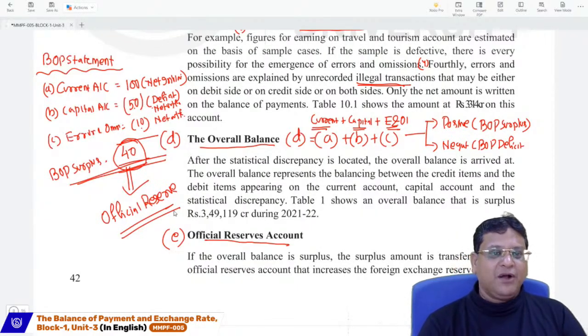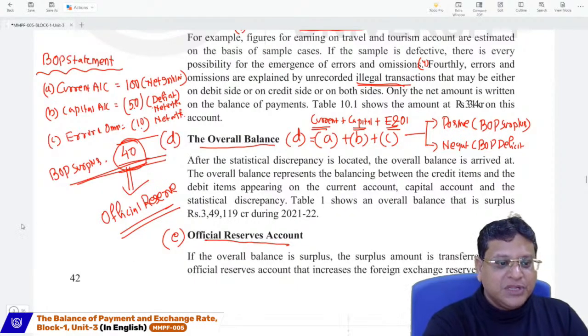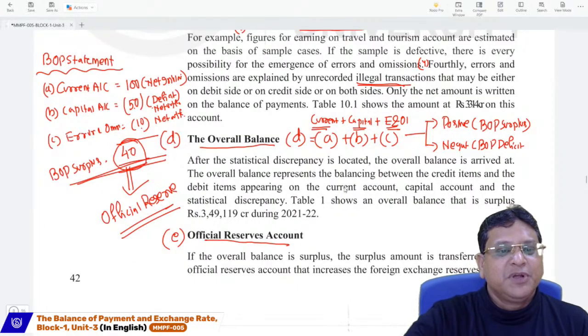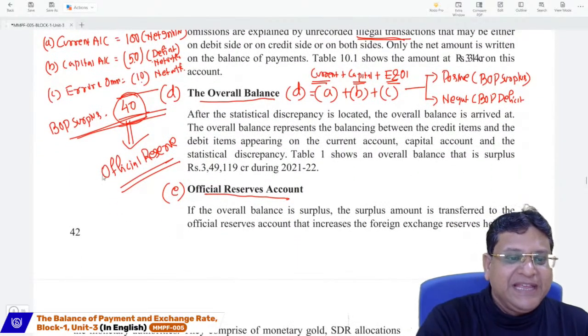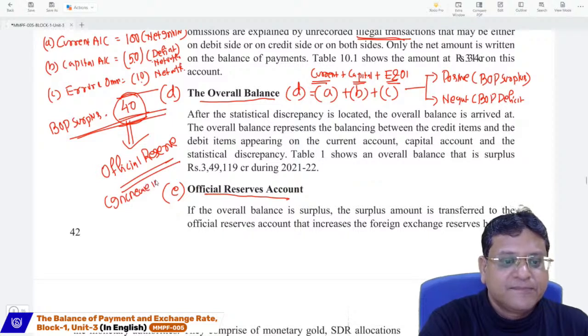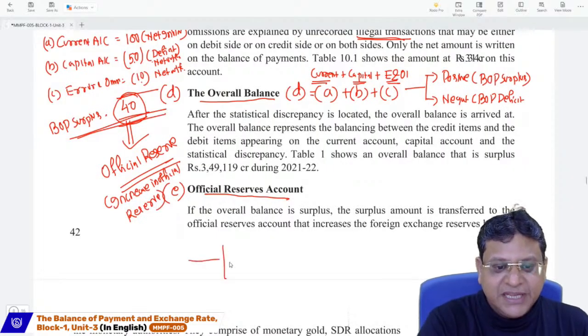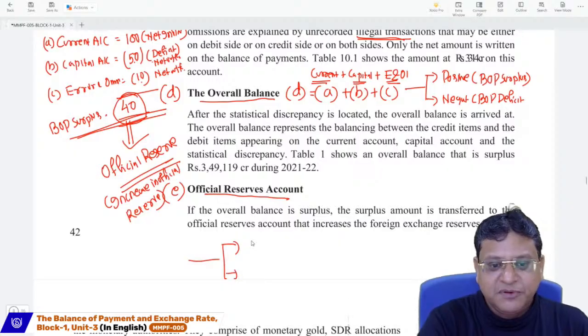So in this case there will be an increase in official reserve.